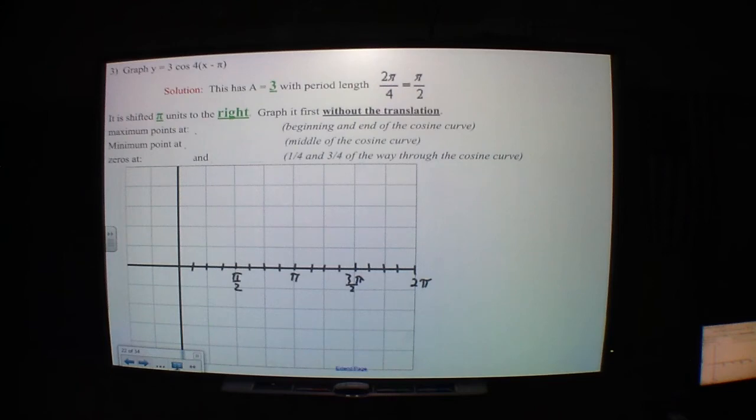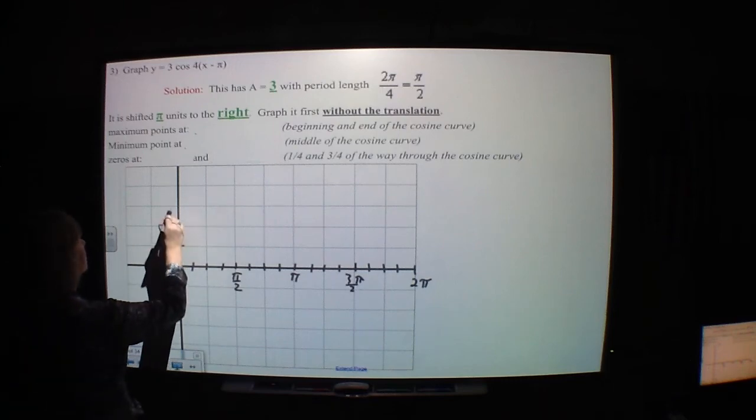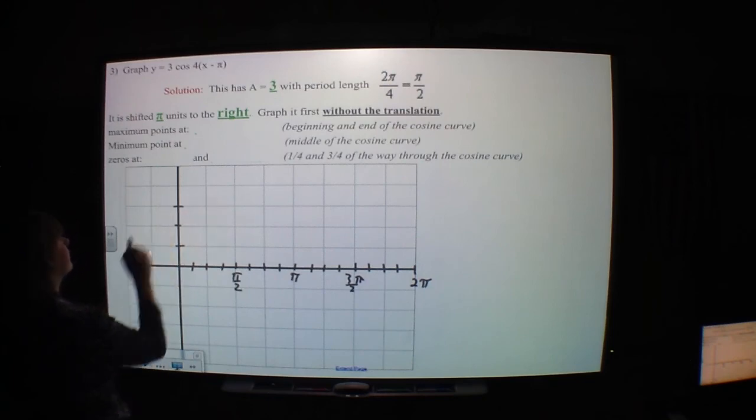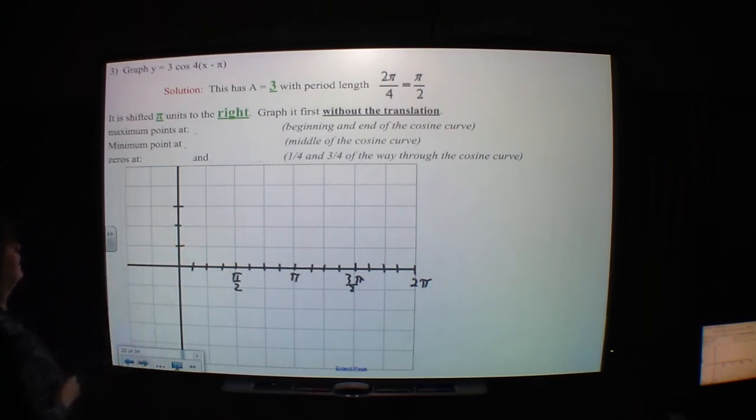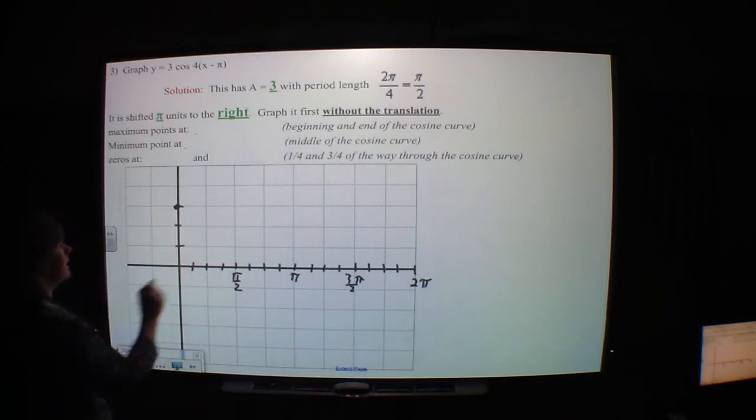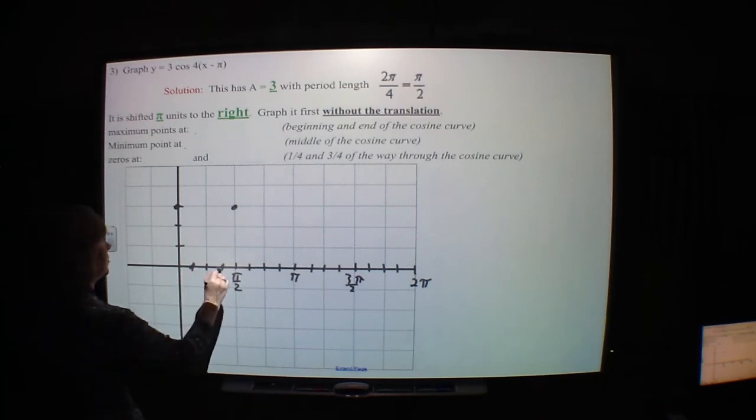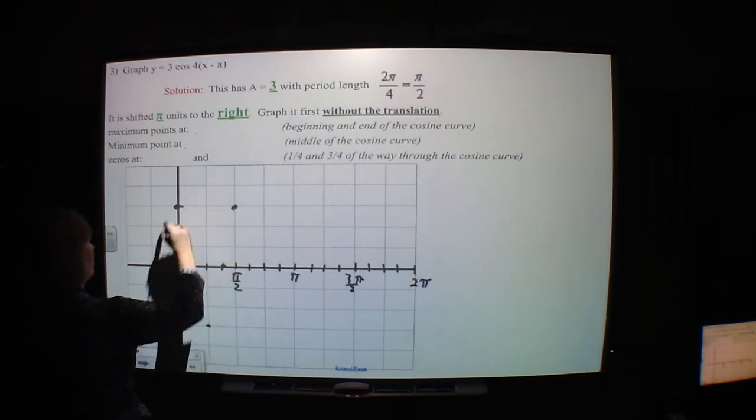And if I graph the original graph, my amplitude is 3. And I guess I will do 1, 2, 3 because I'm not moving it up or down. This is a cosine graph, so the maximum points are at the beginning and the end. The minimum point is halfway through, and my zeros are a quarter of the way through.